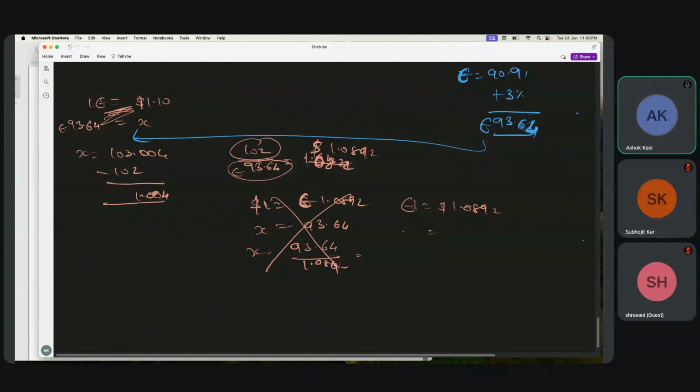Then 93.64 euro will be how much? Now you multiply these two. It's coming to 102, correct? $102.